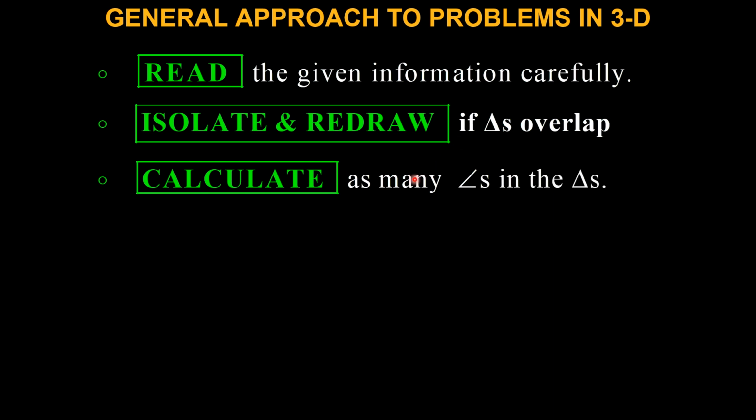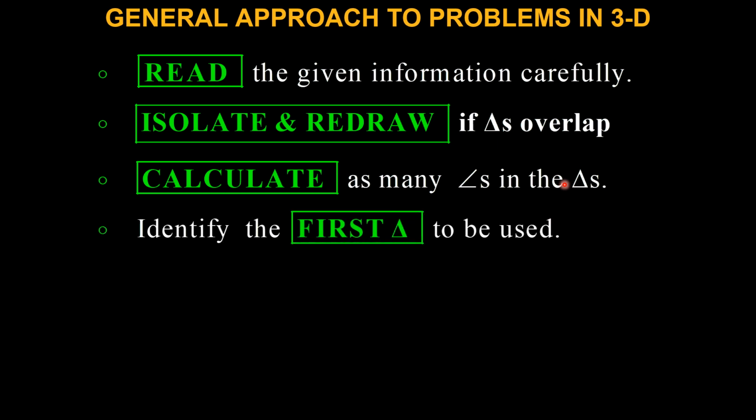Then in each of your triangles, make sure that you try to fill in as many angle measurements as possible. If there are 2 angles, just automatically work out the 3rd angle. Now, it's important, if you have 2 or 3 triangles, you always need to identify the first triangle to be used. And you have to find a triangle that has 3 measurements.